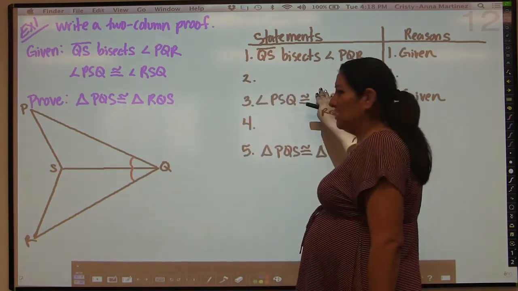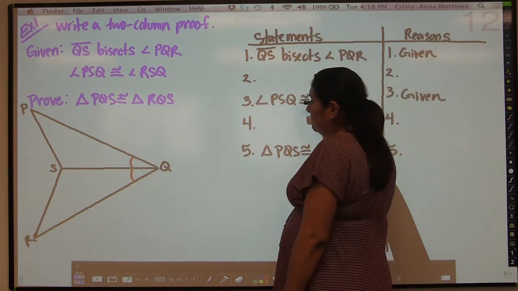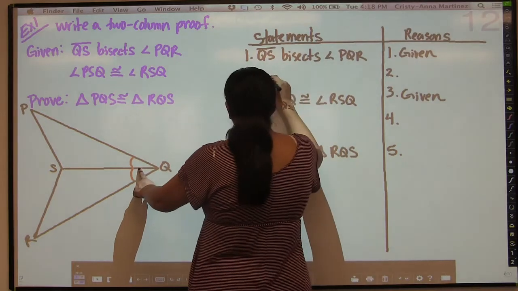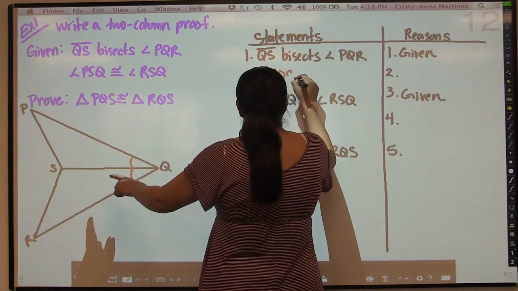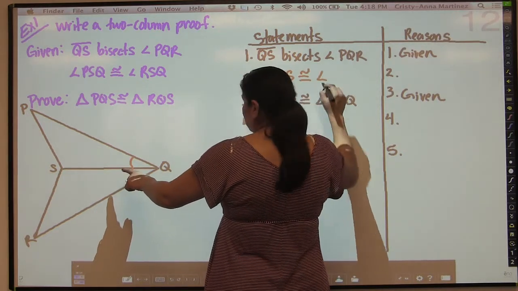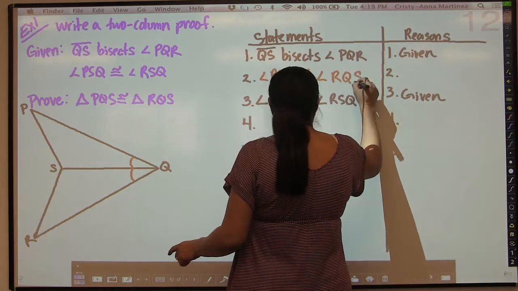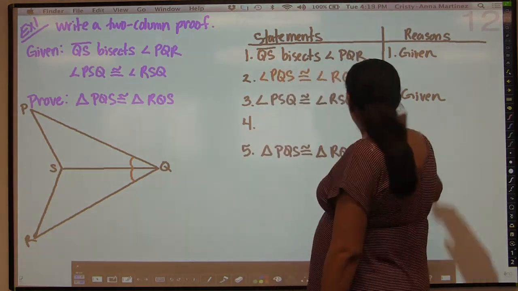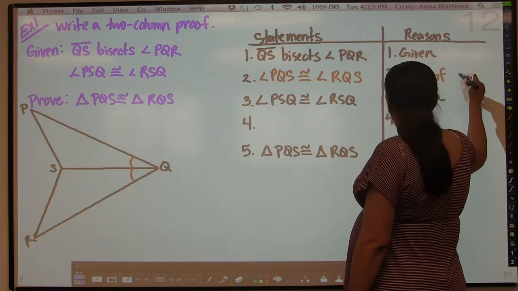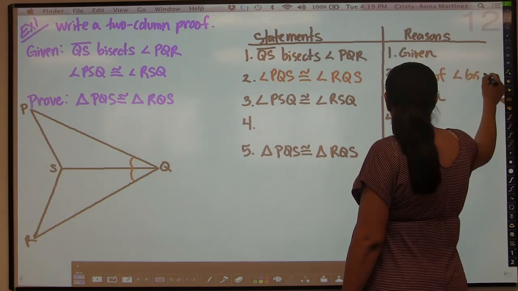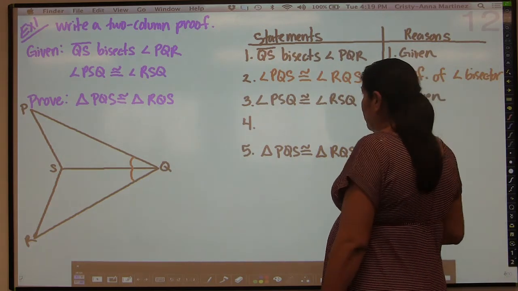So the part that's missing in my proof, I've already gone ahead and written most of it, but the part that we need to put in step 2 is that angle PQS is congruent to angle RQS. And the reason for that would be definition of angle bisector, which is what they told us QS was in step 1.